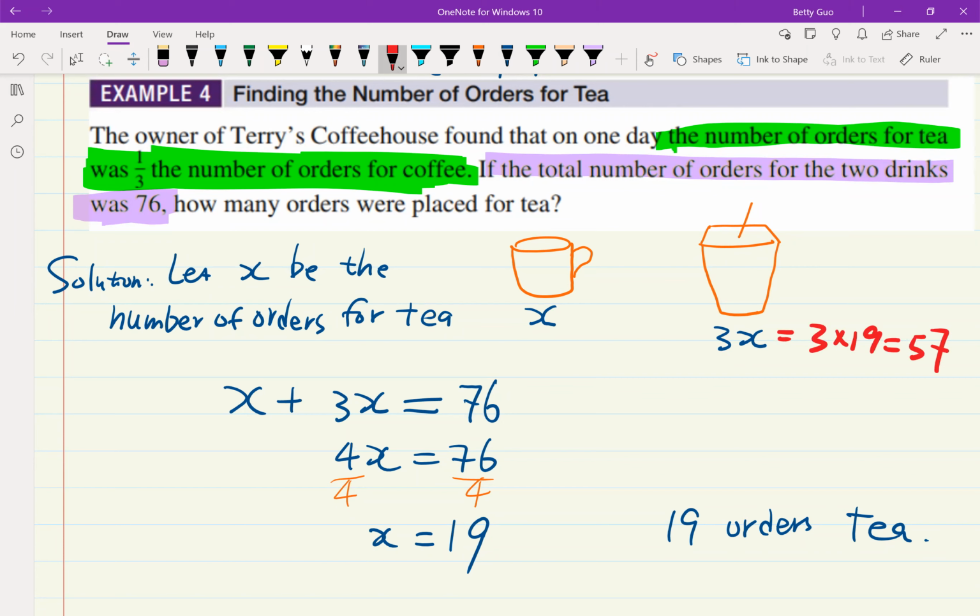So if they have 19 orders for tea, then they have 57 orders for coffee on a day. Add them up, 57 and 19, we have 76. So it satisfies the original problem, which means our answer is correct. Does that make sense? Everybody, does that make sense? Angela? Very good, perfect. Let's move to the next example.